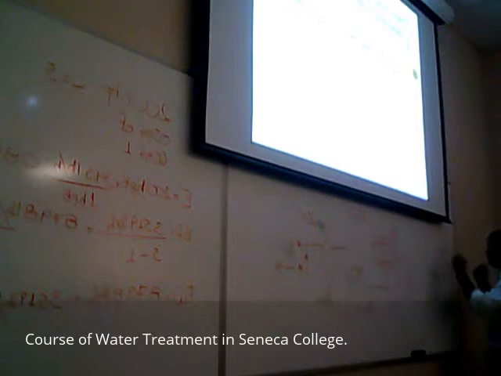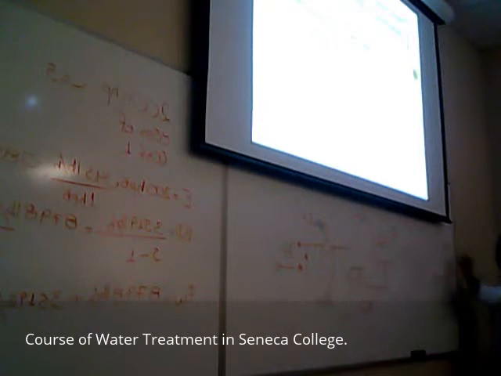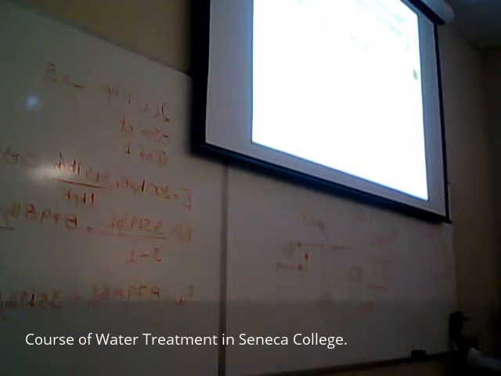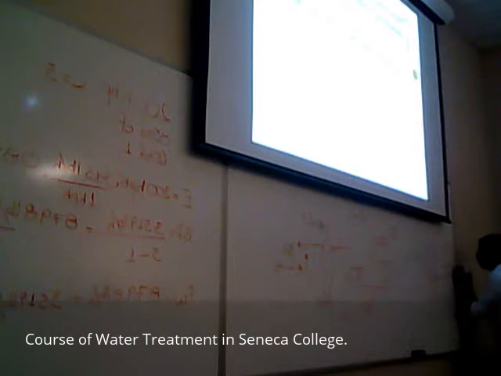So if we want to know how much is the makeup, it is going to be the feeder minus the condensate return, right? Like I say, we have two cases. Case 1, case 2.